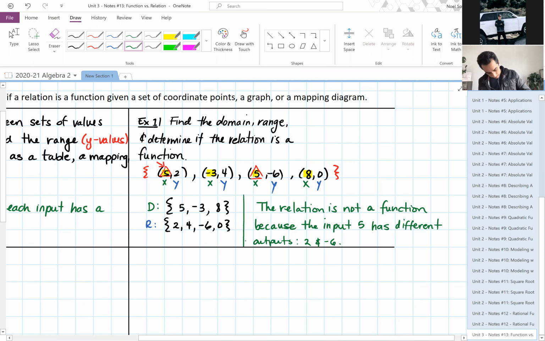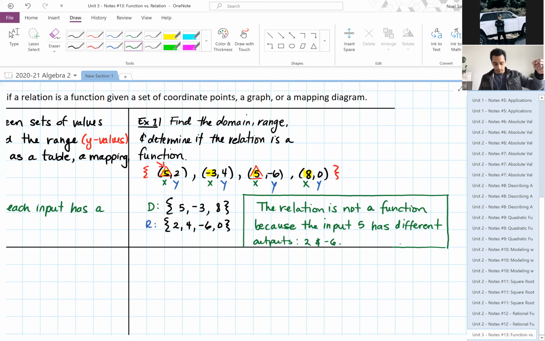That is how you answer the question. So the relation is not a function because we had a certain input, which was 5, that generated 2 different outputs.